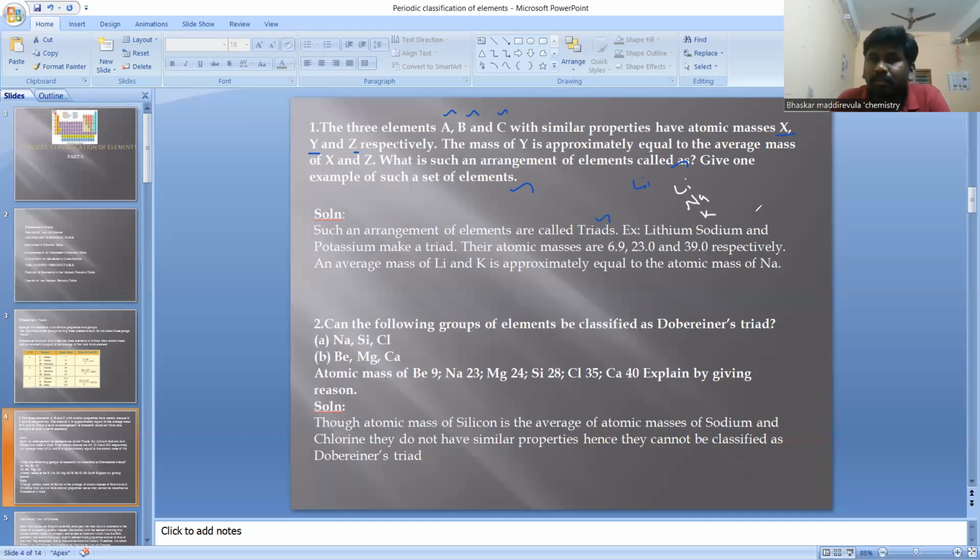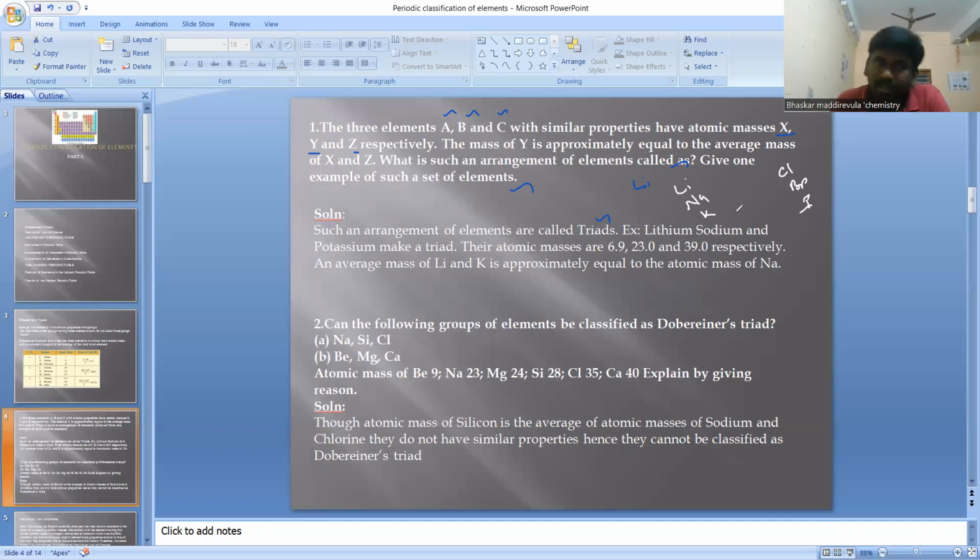Or we can give the next one, the chlorine, bromine, iodine triad. Also, you have to show that the atomic mass of the middle element is equal to the average of the first and third elements.